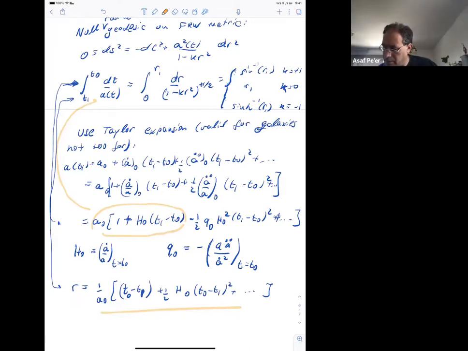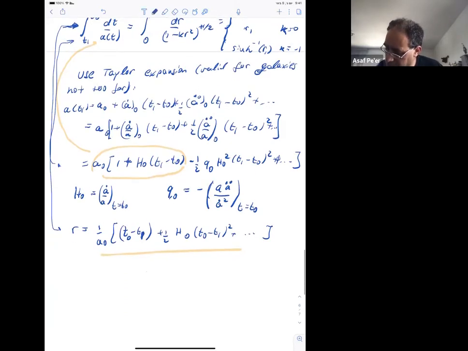Now, what did I do here? Since now we use the fact that 1 plus z is A0 over A of T1, then from this equation here, A of T1 over A0 is just 1 over 1 plus z.